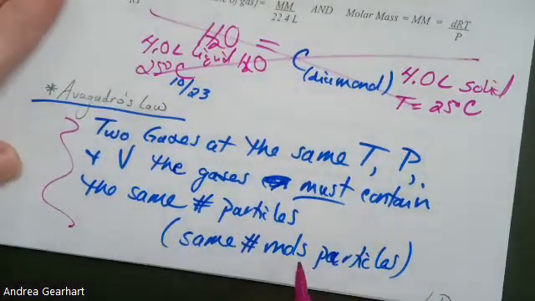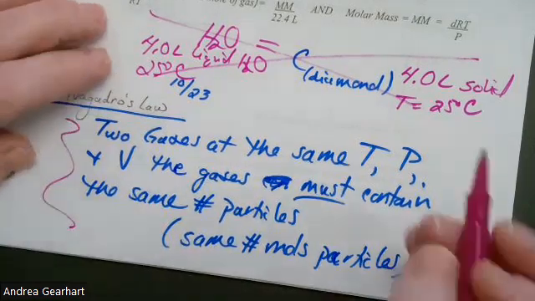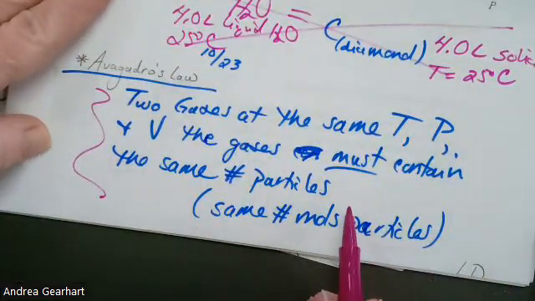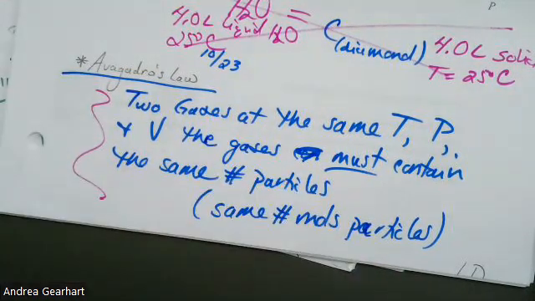The identity of a gas does not matter toward its pressure, toward its temperature, toward its volume, or toward its amount. That's what's so crazy and unique about gases, where the identity of a solid and liquid determines totally its properties.